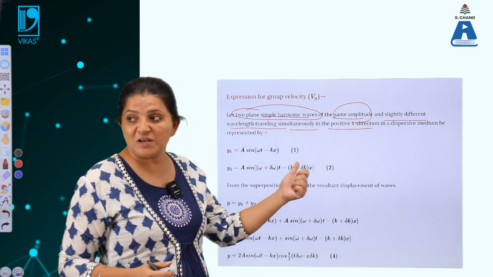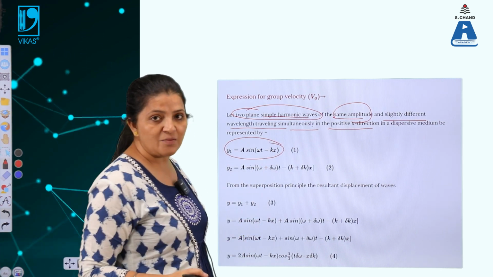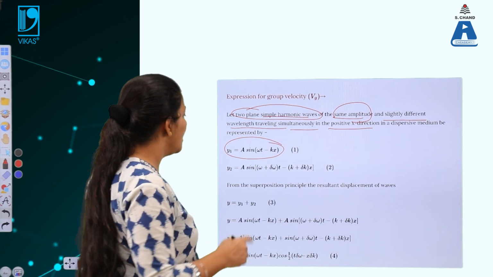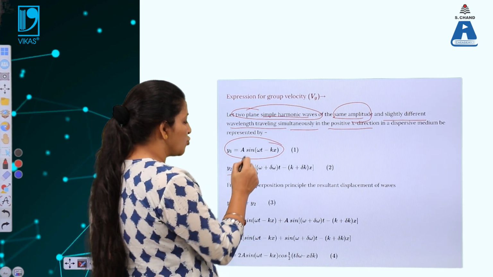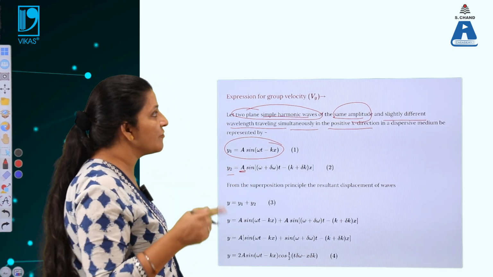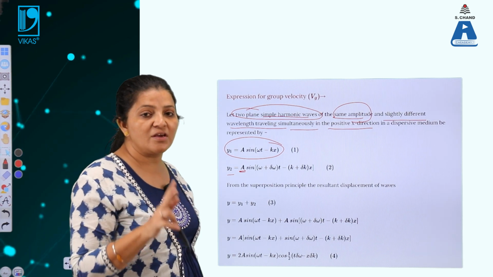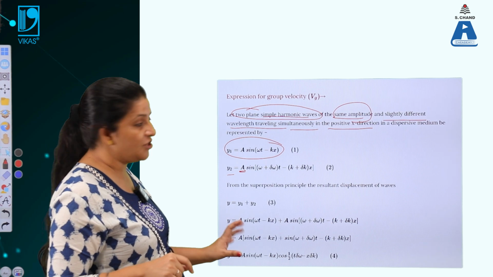The displacement for the first wave can be represented as a sin(ωt − kx). For the second one, the amplitude is the same. So, instead of a single wave, for the wave packet we consider two waves, and these two waves will superimpose on each other.